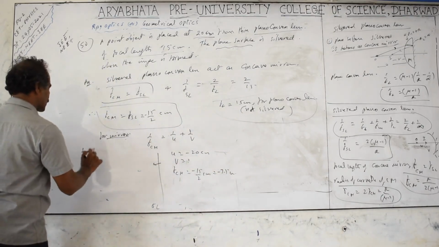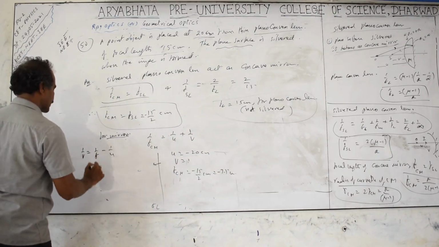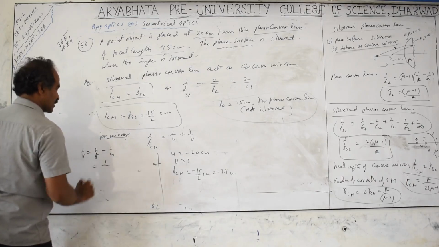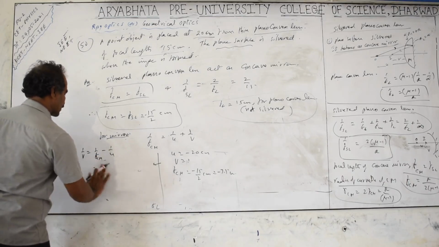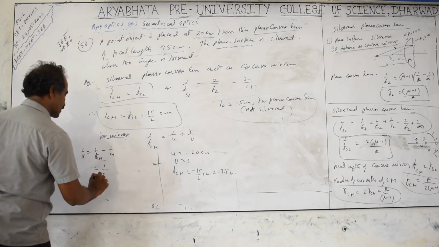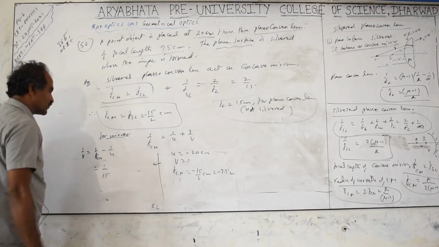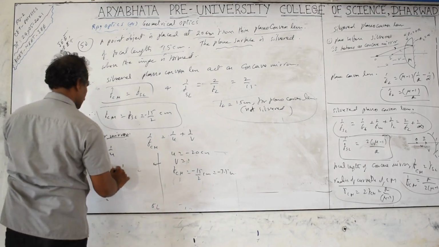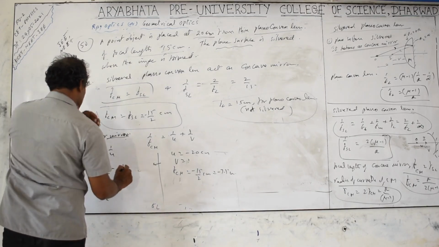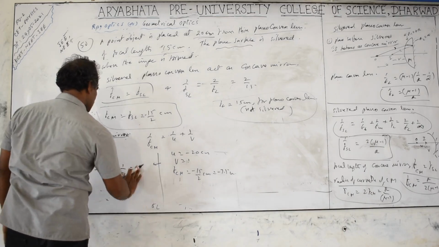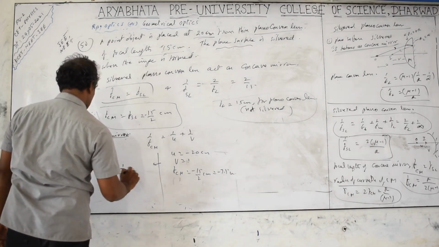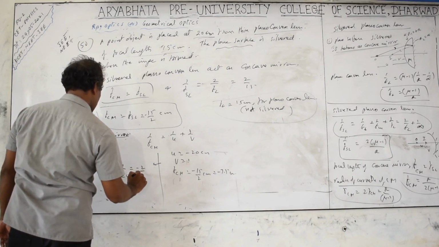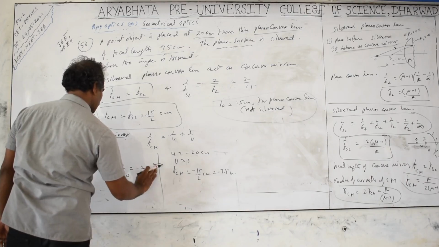Therefore 1 by v is equal to 1 by f minus 1 by u, which is 1 by f of the concave mirror, 1 by minus 15 by 2 (I am not taking 7.5, I take 15 by 2), minus 1 by minus 20. Minus into minus is plus, so minus 2 by 15 plus 1 by 20.